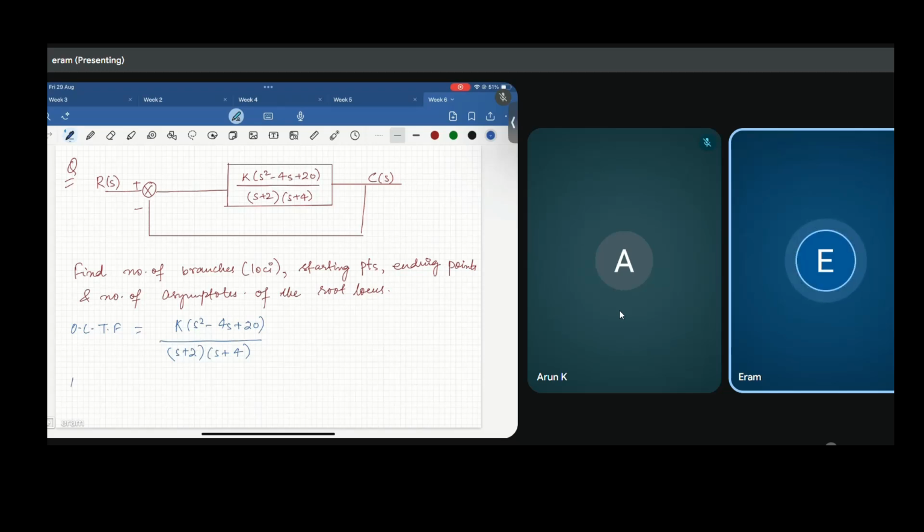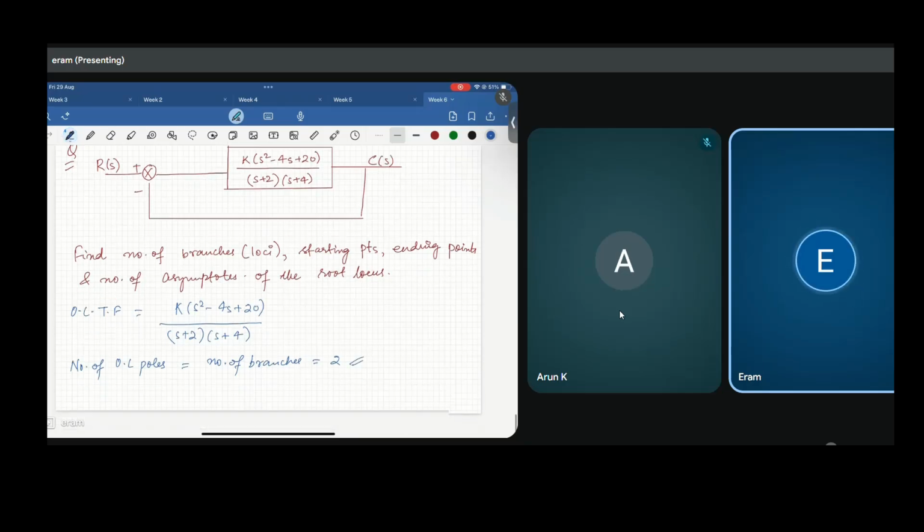We know that the number of open loop poles equals the number of branches, which in this case is 2 because we have 2 poles, so there are 2 branches.